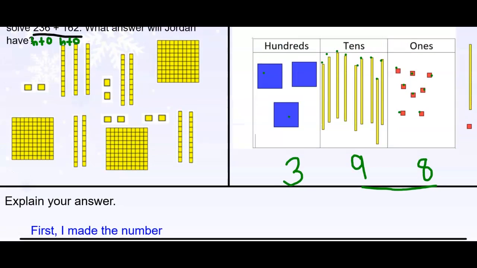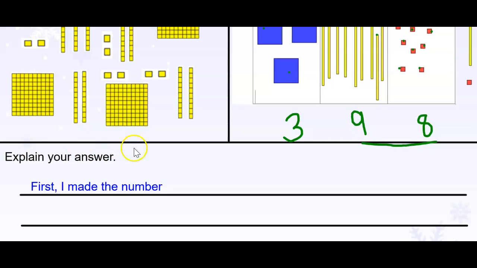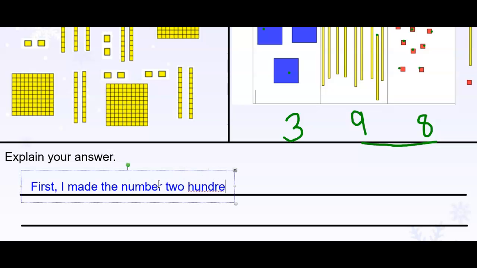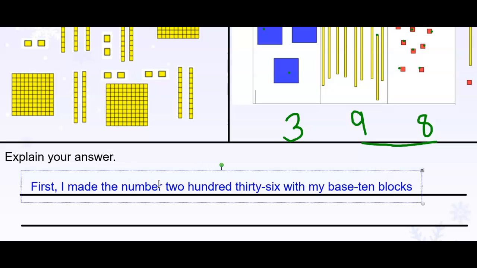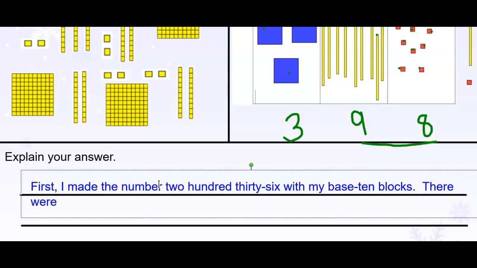Let's see what number we made. 236, with my base 10 blocks. There were 6 ones, 3 tens, and 2 hundreds.